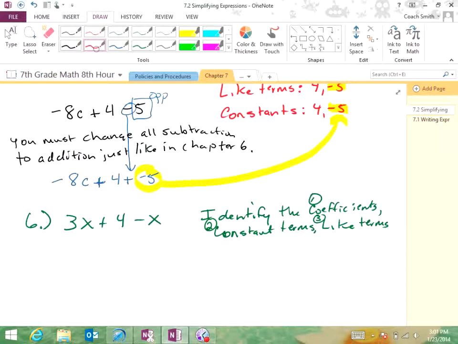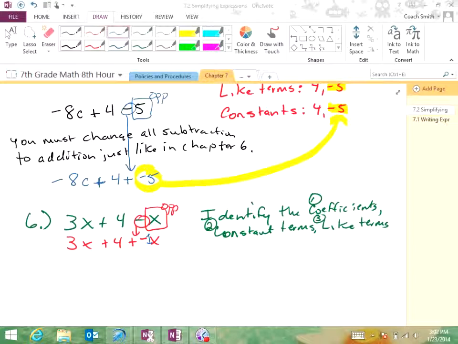So the first thing I need to do is take 3x plus 4, change that to addition, do the opposite of positive x, which is negative x. Now, when there is no number in front of the variable, there is always a 1. Okay? Because how many x's do I have there? 1x. All right? So, they want us to first identify the coefficients.